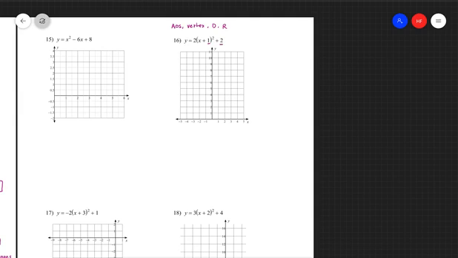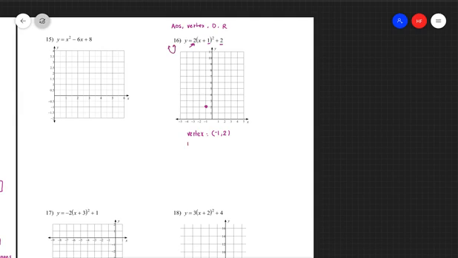So my vertex is going to be the opposite of what's on the inside, so negative 1, and the outside as it is, positive 2. So negative 1, positive 2 is my vertex. I'm facing up because that's positive.